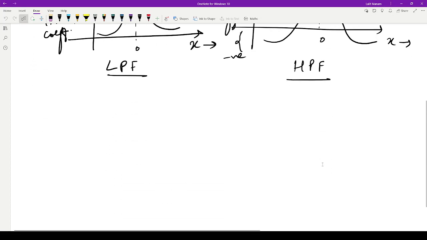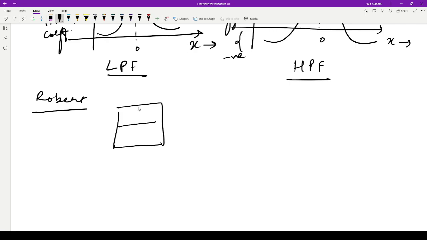So someone said Roberts filter. How does the Roberts filter look? What's the size of the Roberts filter? 2 cross 2. Okay, so 1 0 0 minus 1.